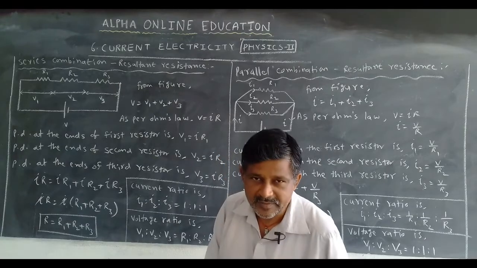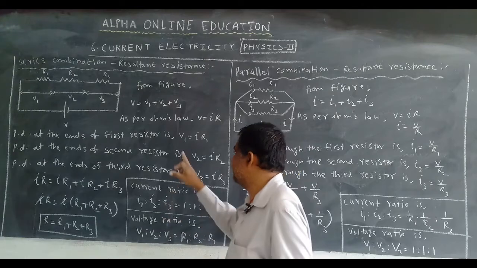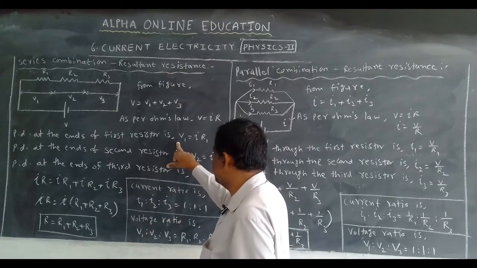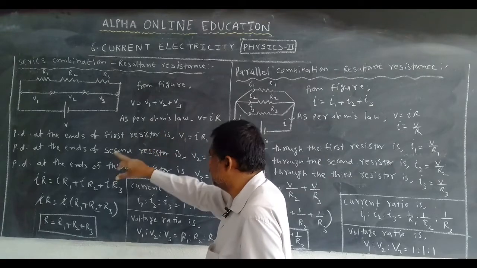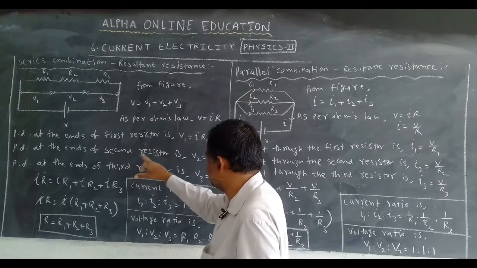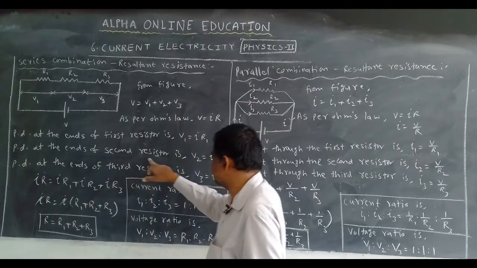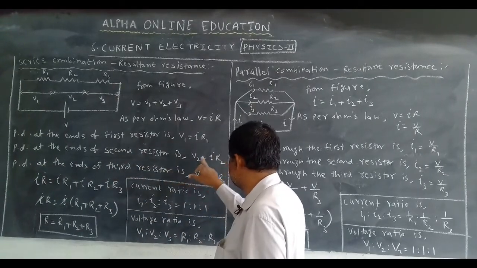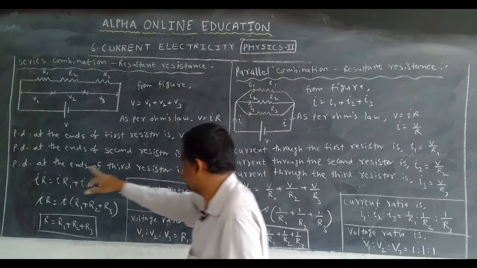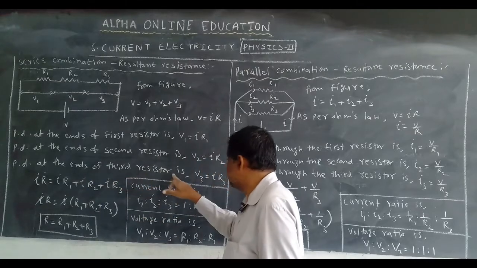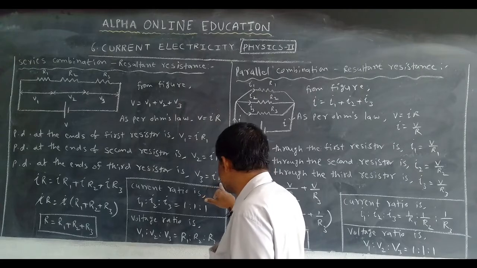That's why the potential difference at the ends of the first resistor is V1 is equal to IR1. Next, potential difference at the ends of the second resistor is V2 is equal to IR2. Current is same. Next, potential difference at the ends of the third resistor is V3 is equal to IR3.